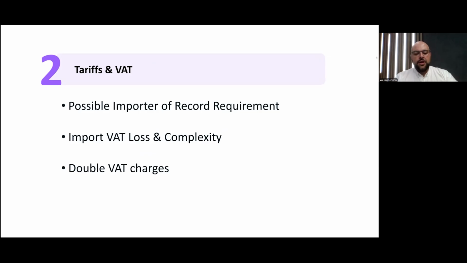Now, the second point that we have to look at in terms of challenges is the ever-present tariffs and VAT component. VAT, as previously mentioned, is where things do get particularly tricky for US companies. Think about it in this way: every shipment that you send into Europe will have import VAT applied at the border.